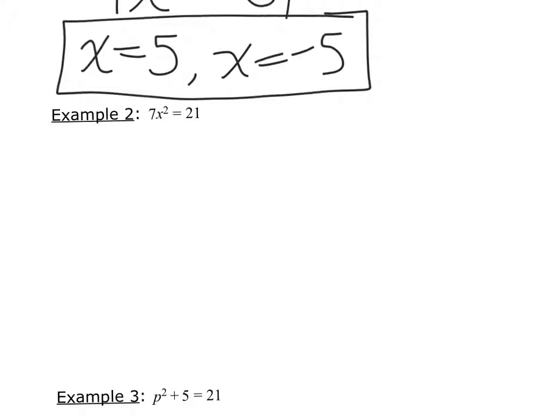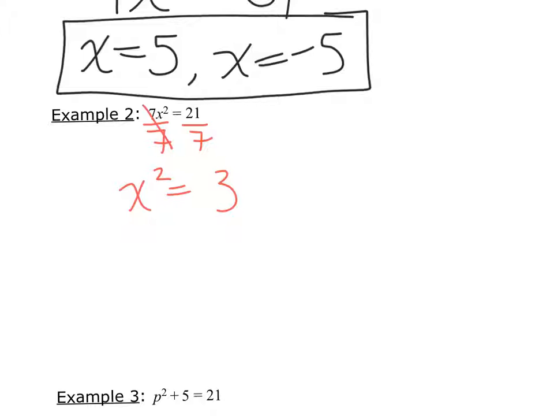All right, y'all ready? 7x squared equals 21. So, what's the first thing I have to do to get x by itself? Not subtract, but yes, we got to move 7, but not by subtraction. Division. So I'm going to divide both sides by 7. So I have x squared is 3.